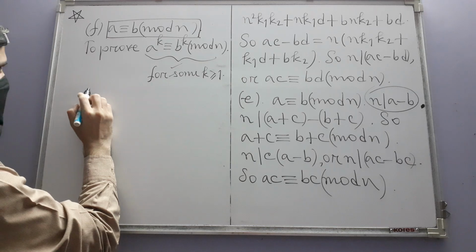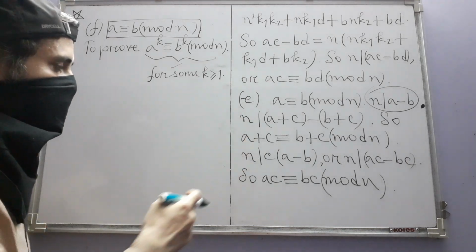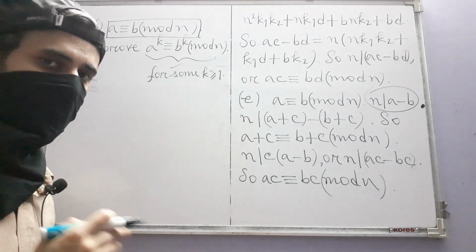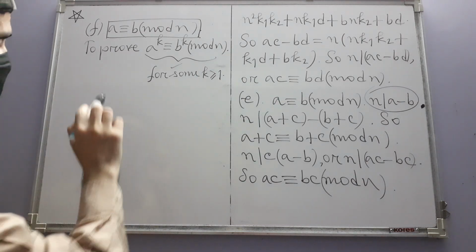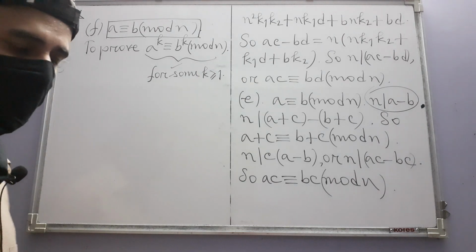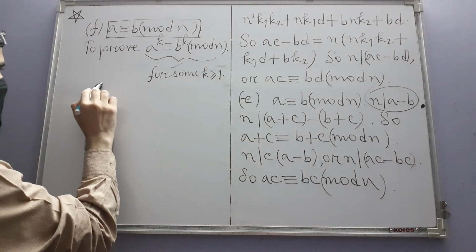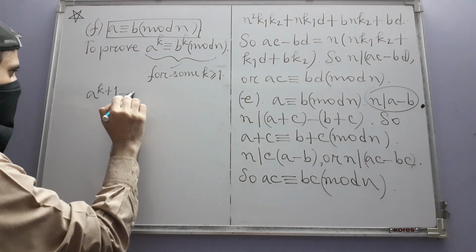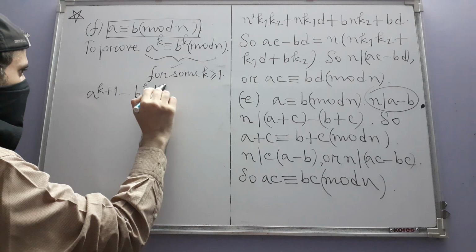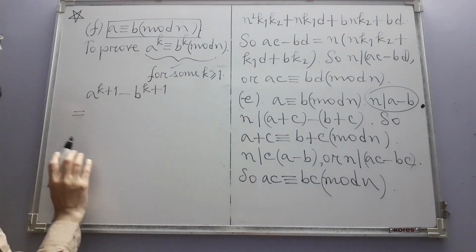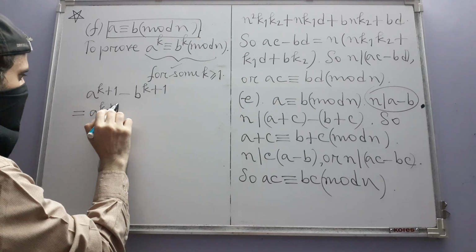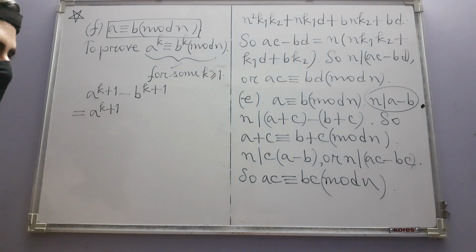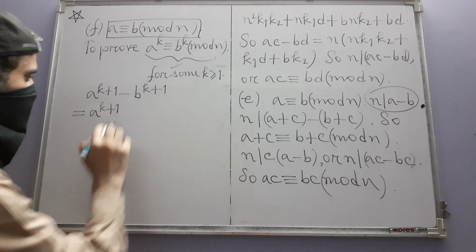We now have to prove that a to the power k plus 1 is also congruent to b to the power k plus 1. Okay. That means we need to prove that n divides their difference. So let's take their difference and see what we can do with the difference. What we are going to do here is we will introduce middle terms. This is often called middleman's trick in maths.